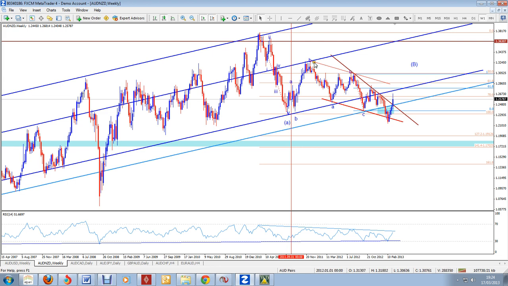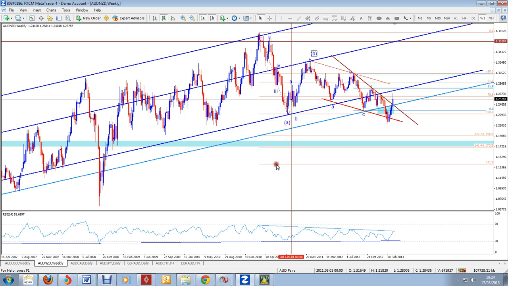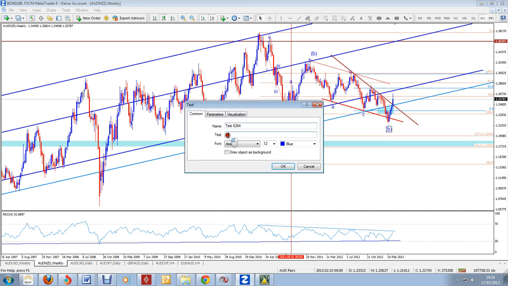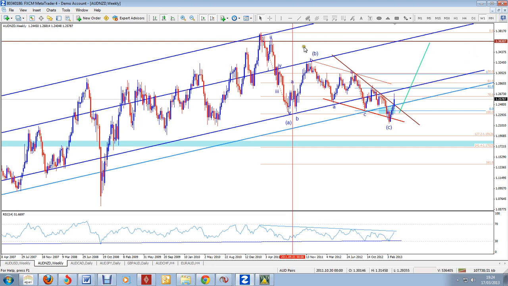Then we've had ABC back up, so this becomes possible B in bracket, and then we've got this falling wedge, so that would be wave C in bracket, in which case we would expect this one to go back up to the upper end.